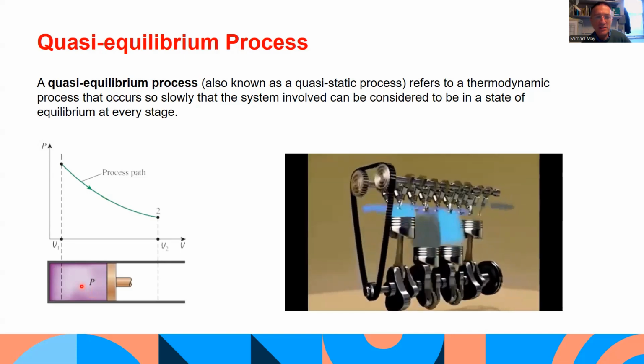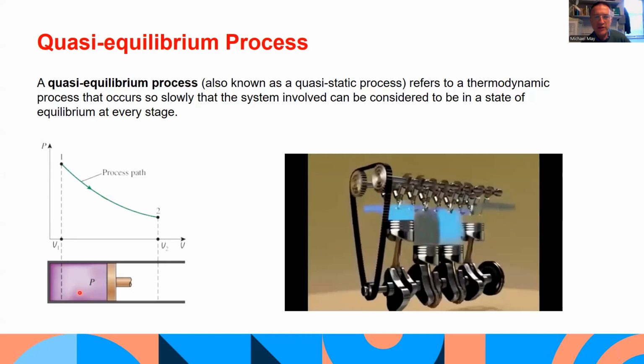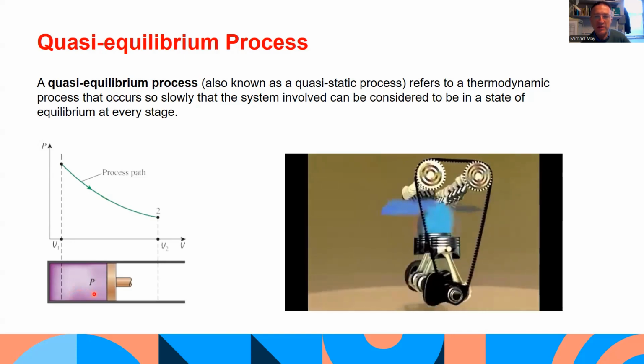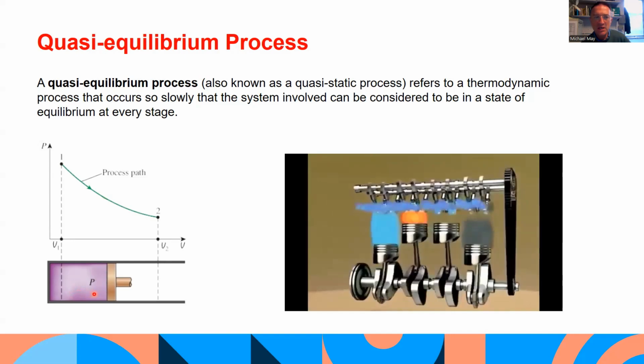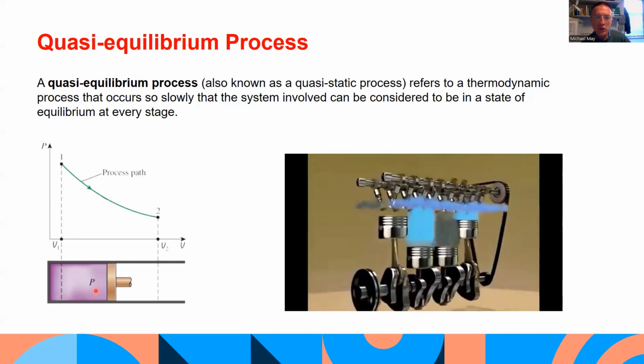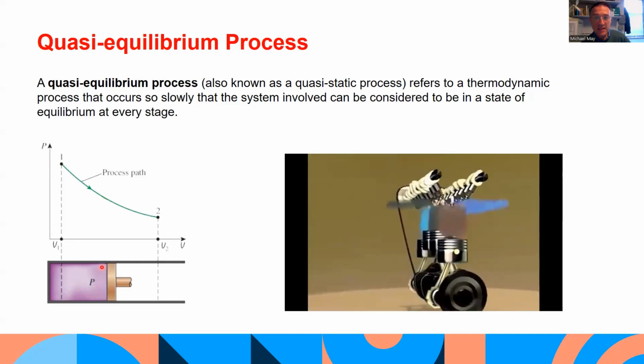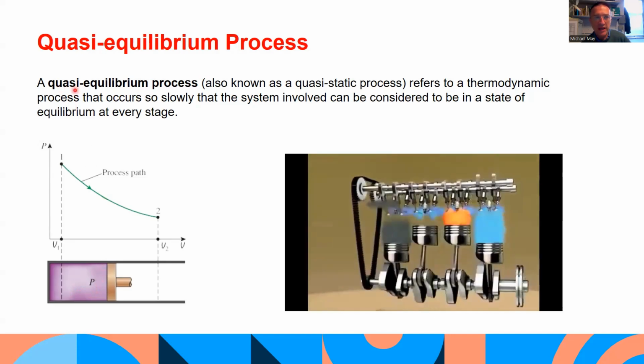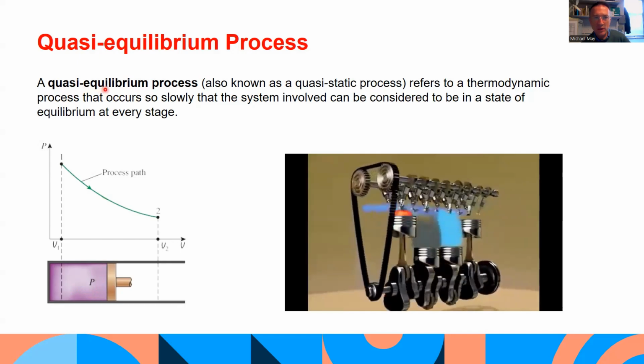The reality is there's probably a range of pressures and a range of temperatures in here, but that's very difficult to analyze. So what we assume is that it is in equilibrium, and the quasi here means as if in equilibrium.